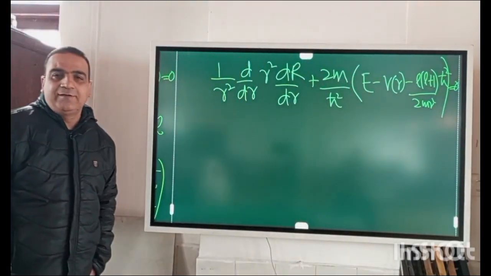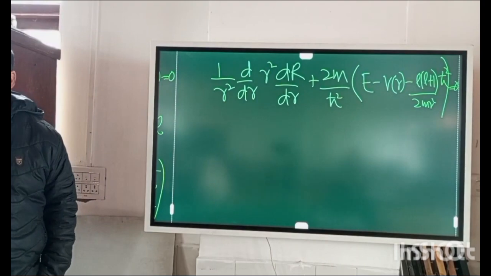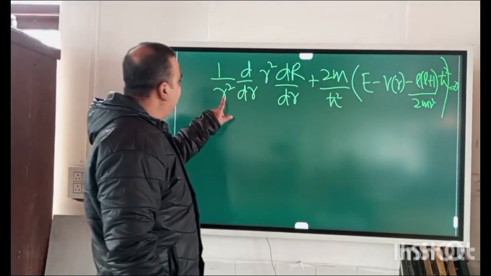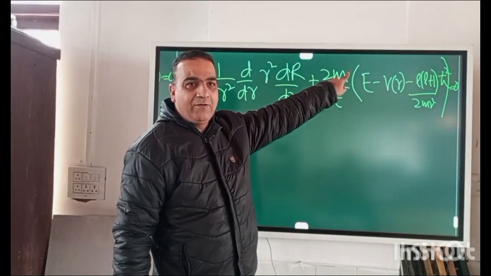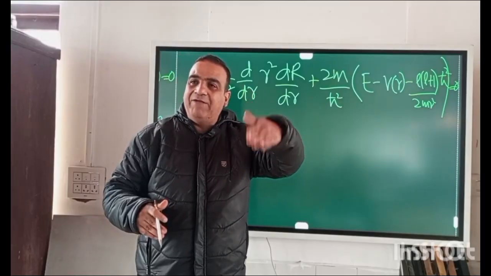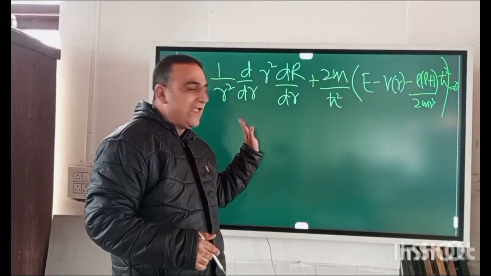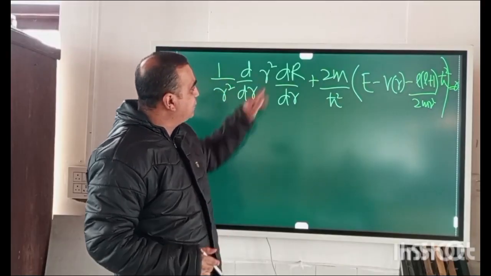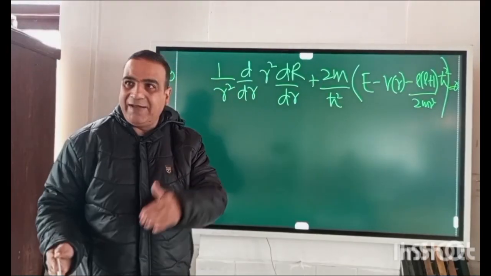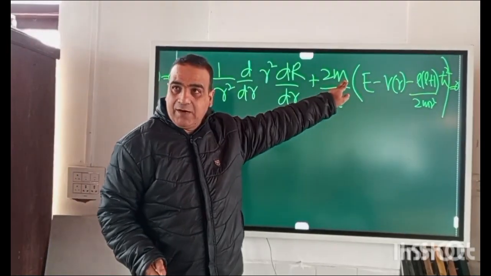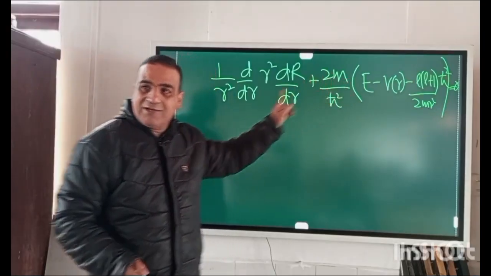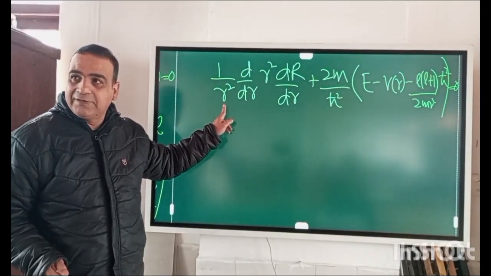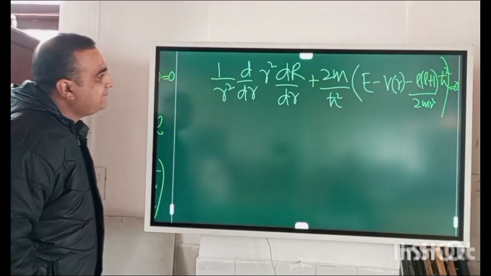Is it right? This r square was here. Think of that I have taken it on the right hand side, so r square can come down. So this is 1 by r square d by dr of r square dR by dr. The difference between the previous step and the new step is that here you don't have small r square. I have brought that small r square here. Is this clear? Yes.